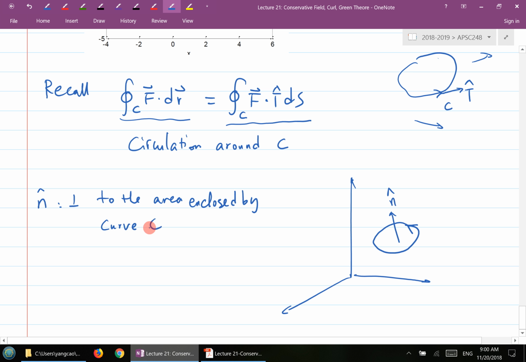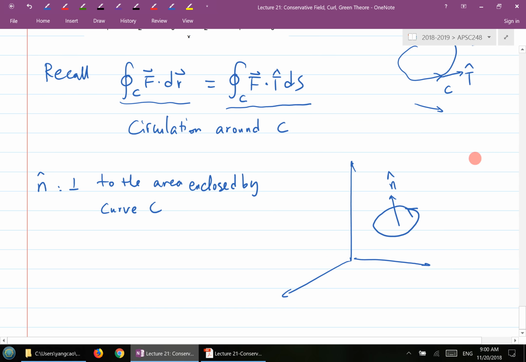So that's curve C, and we give it a direction concept now, right? At the same time, the curve C will definitely enclose a certain small area. So we call it delta A, the area enclosed by curve C.